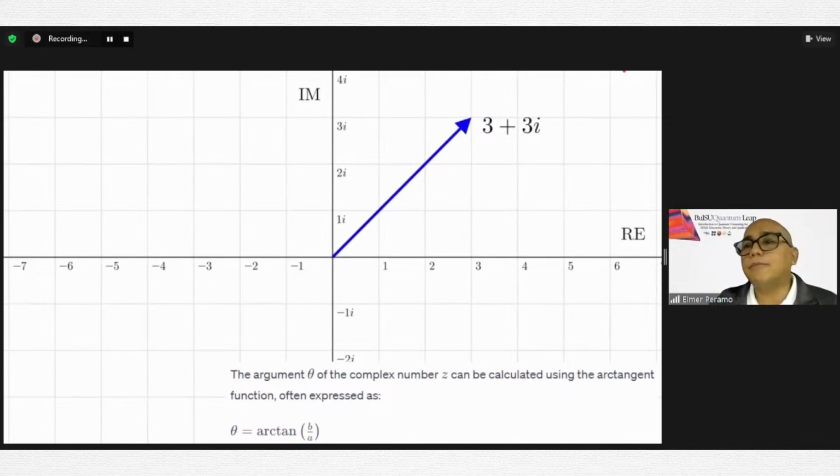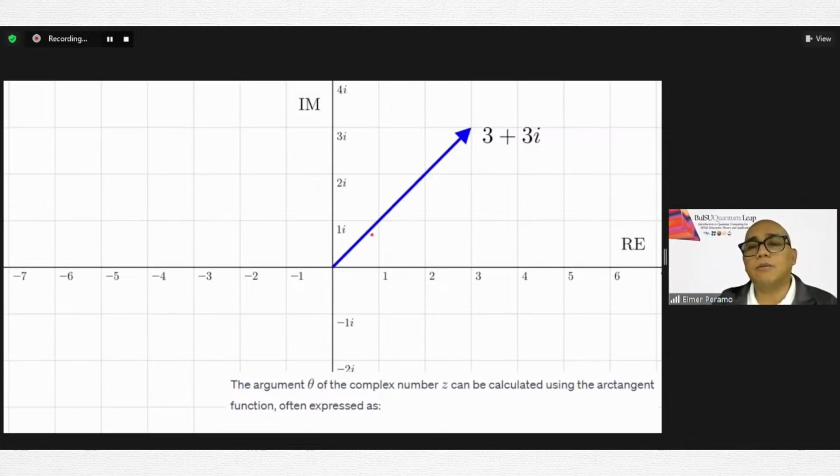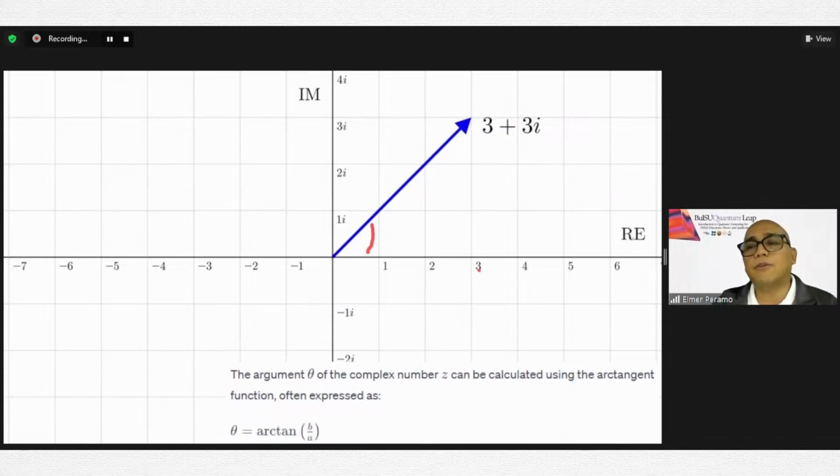Another important property of a complex number aside from absolute value is its argument. The argument theta is the angle. It tells about the direction of the arrow. The angle it makes from the positive real axis, your theta, is called the argument of the complex number.